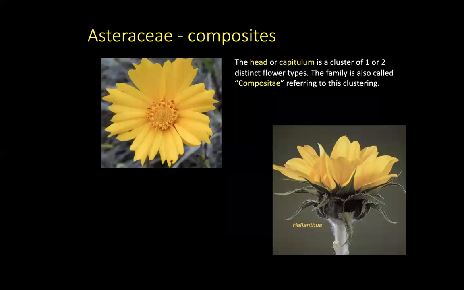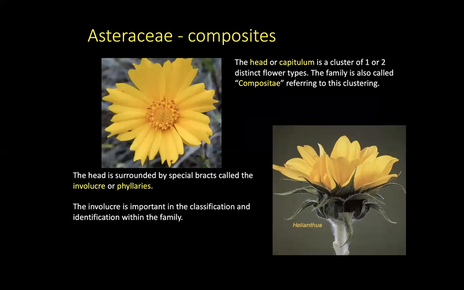Okay, so now let's kind of dig into the types of capitula. So a capitulum or a head is a cluster of one or two distinct flower types. There's not ever a case where there's all three. This clustering gives the family its old name, the Compositae, which sometimes you might hear, or the composites is the common name of the family.